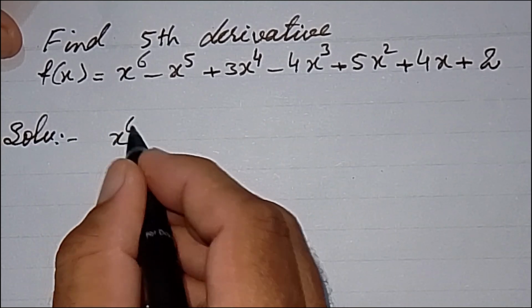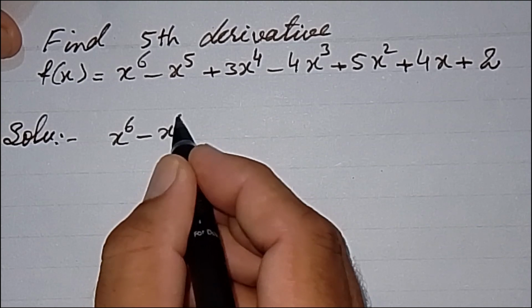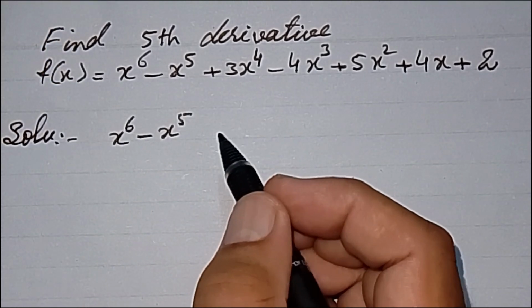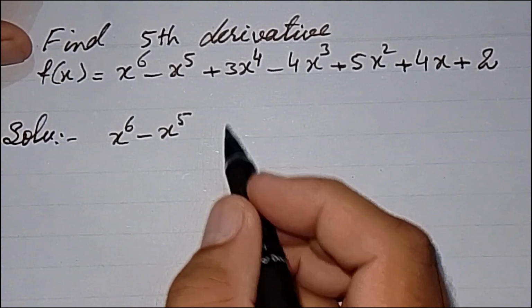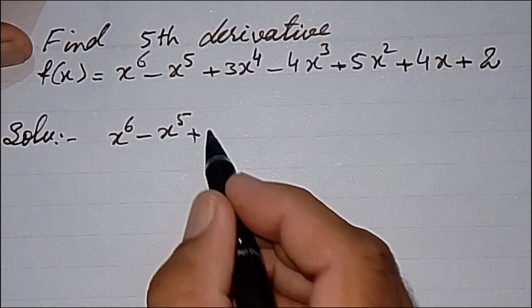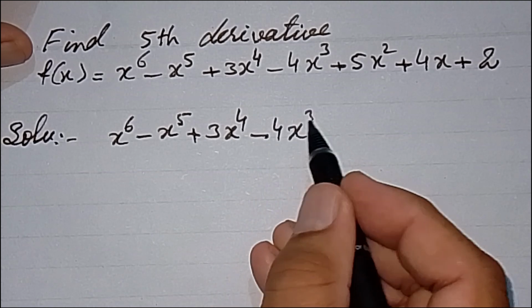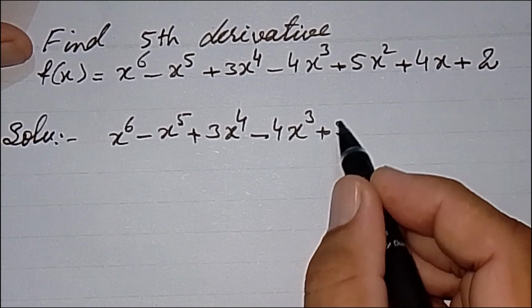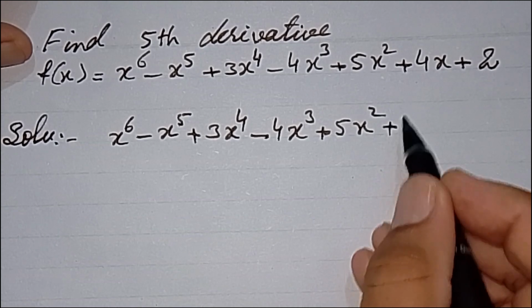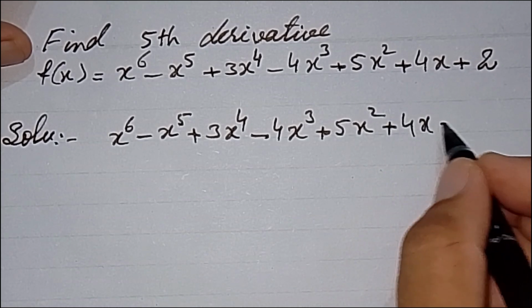x raised to the power 6 minus x raised to the power 5 plus 3x raised to the power 4 minus 4x cube plus 5x square plus 4x plus 2.